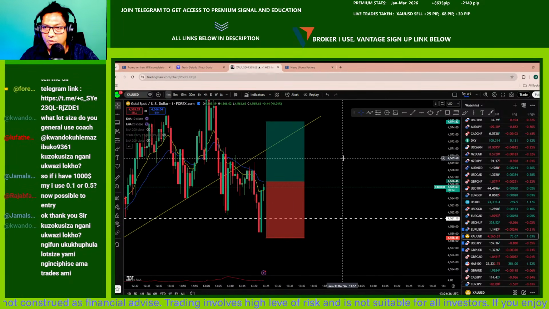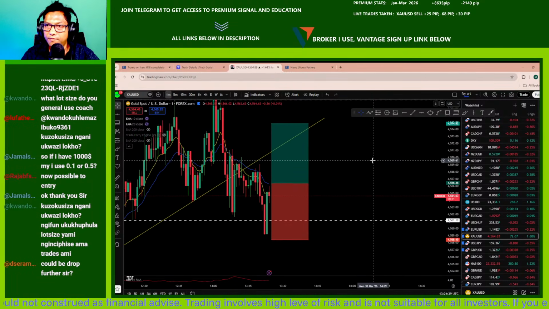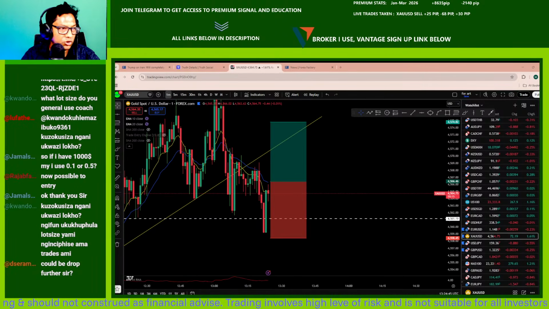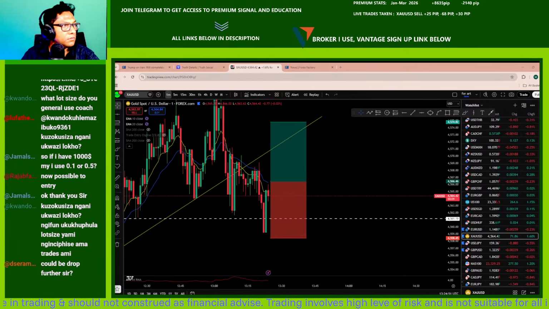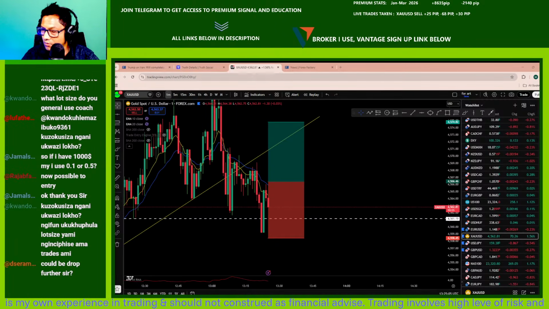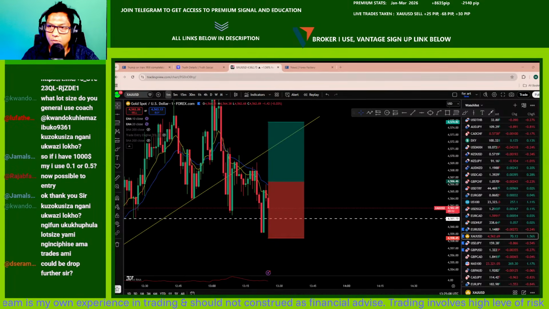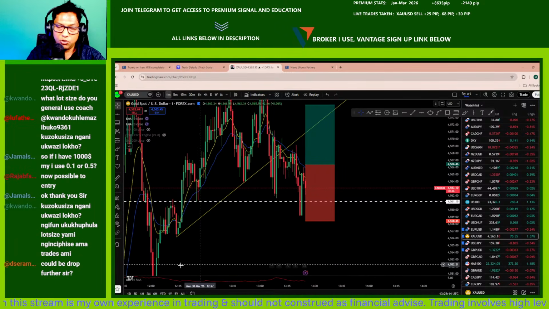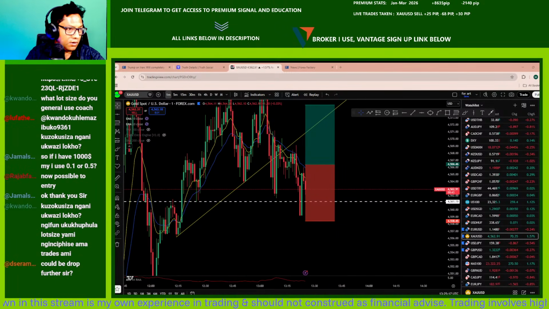It's near there, but I will place a pending order above this high. So it's going to be a buy stop order. I placed a buy stop. If the market goes up, we will be entering this trade, because I will not be selling this. It's a long-term uptrend.